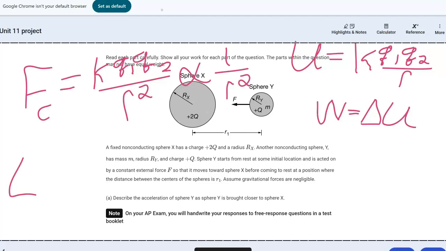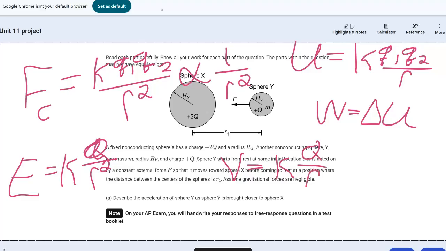Conducting sphere, the electric field is E equals KQ over R squared. And then potential of an insulating sphere, KQ over R. And a physics fact is that connected conductors are going to have the same potential.